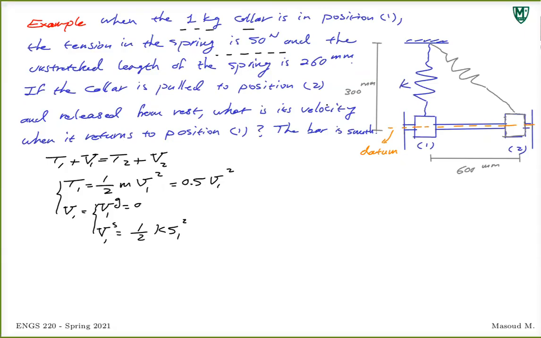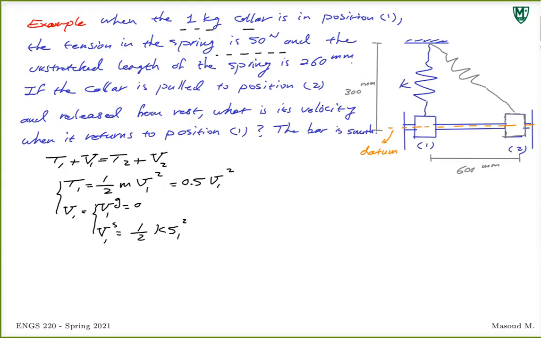The force in the spring is 50 newtons, and the unstretched length of the spring is 260 millimeters. These are the two pieces of information I know about the spring at position 1. What do I want? I want the spring stiffness K, and I want to know how much the spring is stretched or compressed. Let's start with the second one.